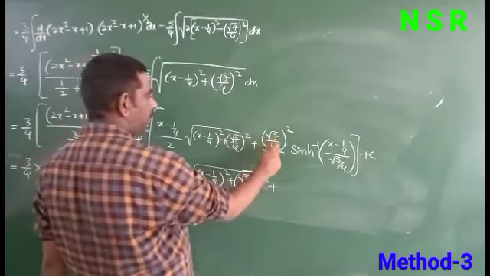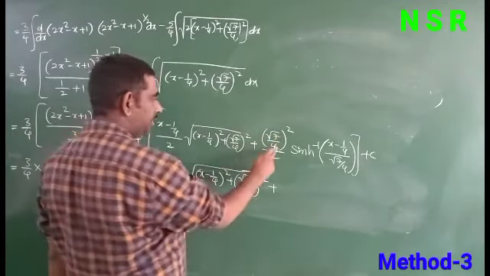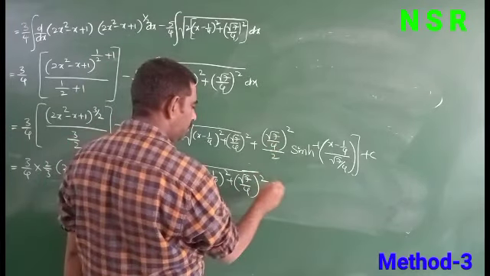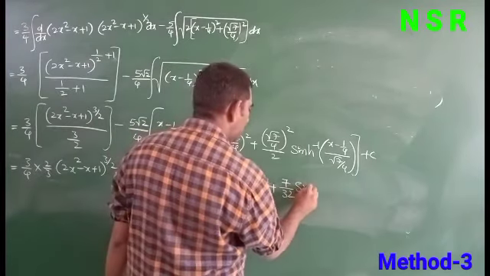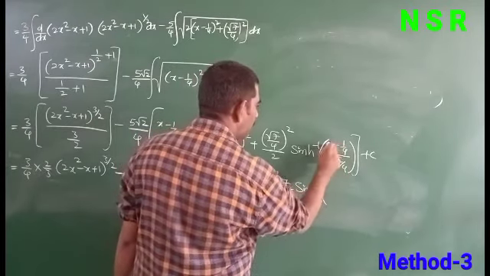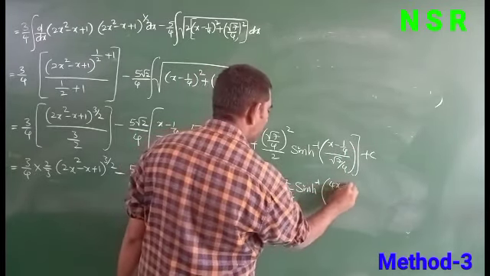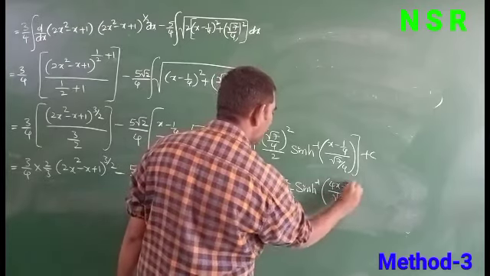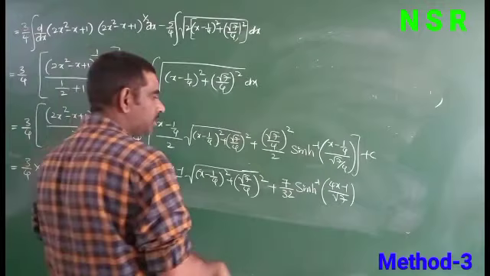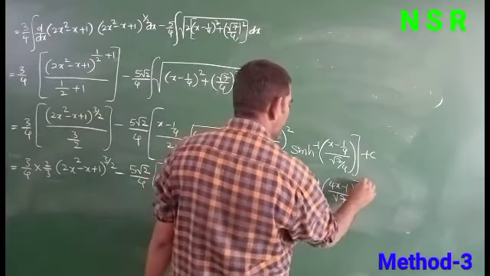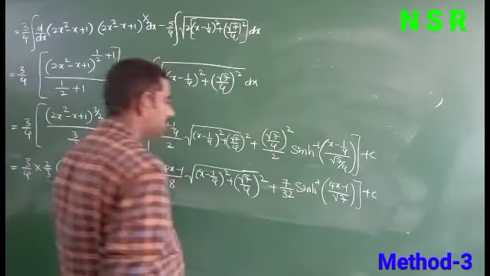Next here, (root 7 by 4) whole square, 7 by 16, 16 into 2, 32. So we get 7 by 32 sin h inverse, here 4x minus 1 by 4 and here root 7 by 4. So the 4s get cancelled, we get sin h inverse (4x minus 1) by root 7 plus c.